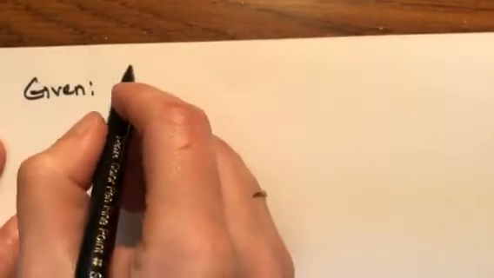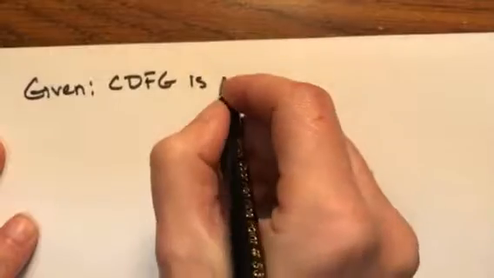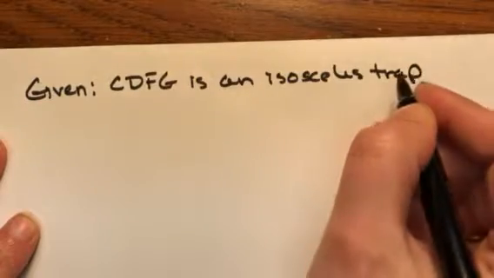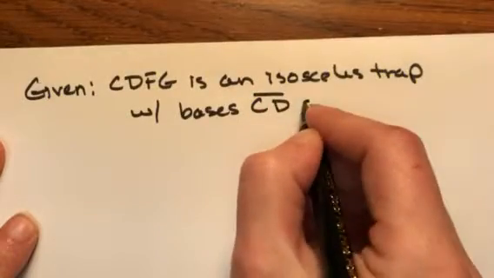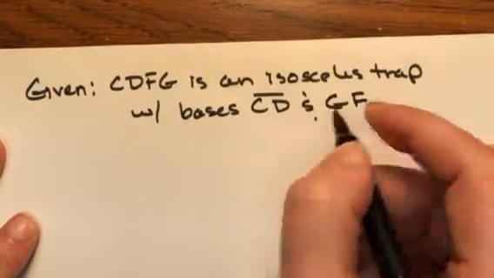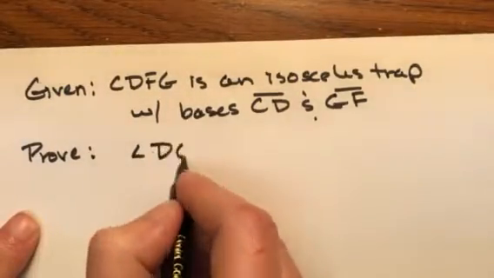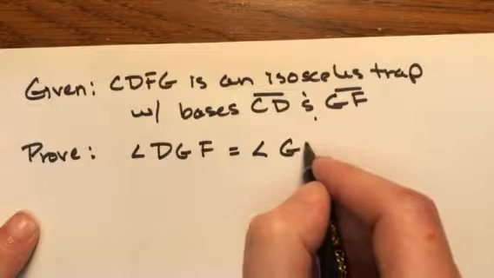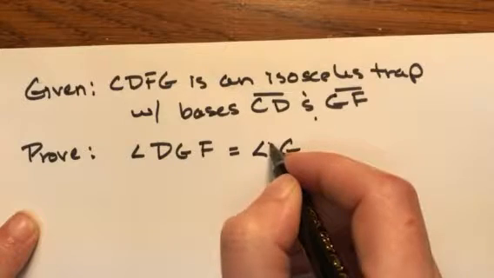So, given CDFG is an isosceles trapezoid with bases CD and GF. Prove that angle DGF equals angle CFG.